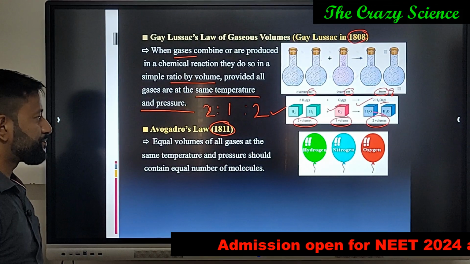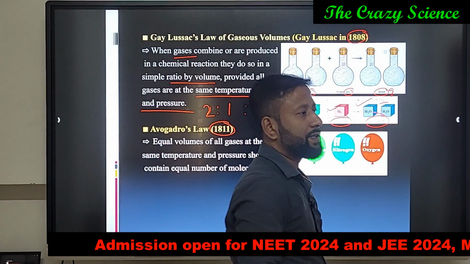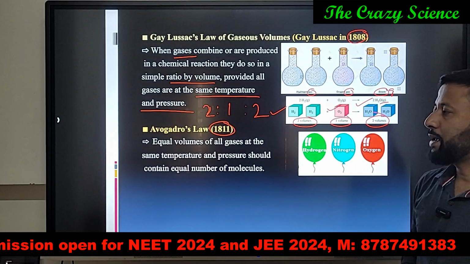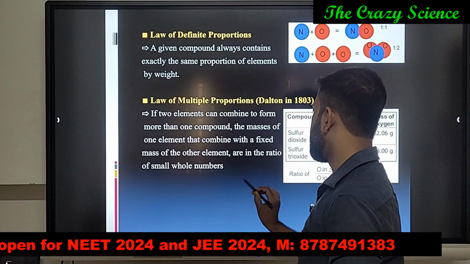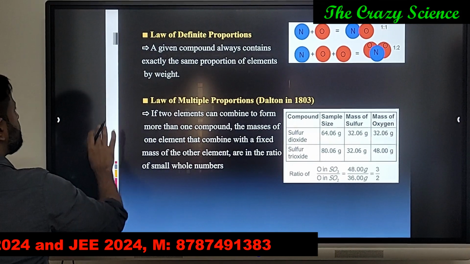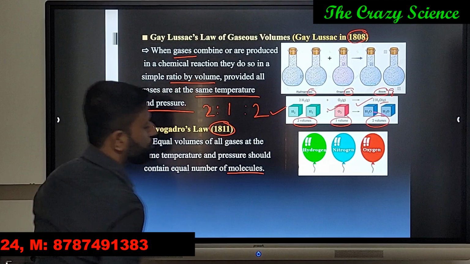He says that the equal volume of all gases at the same temperature and pressure will occupy the same number of molecules. So the first concept of molecules was introduced by Avogadro.